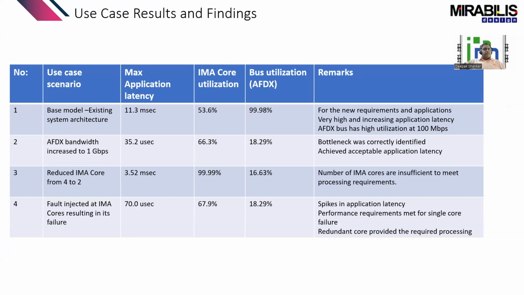When you take any system, there's a variety of experiments that you can do. Now, obviously, the power utilization, throughput, the buffer occupancy, latency, all of these are important. But a lot of different things impact the number of cores, like increasing the bandwidth on the interconnects, things like that, or having faults that actually take out one of the cores, things like that. You can look at what's the latency for each of these scenarios.